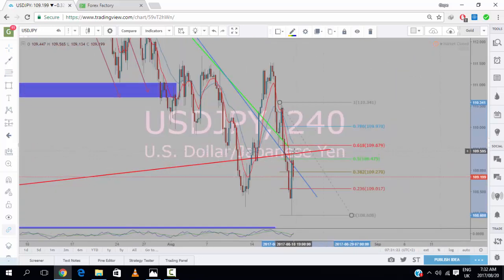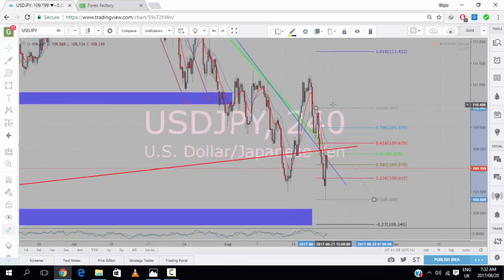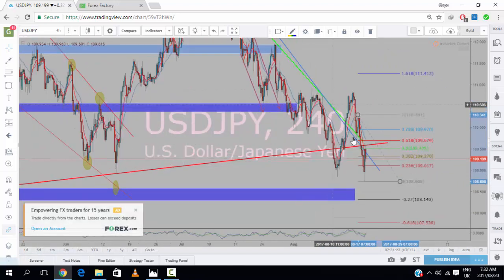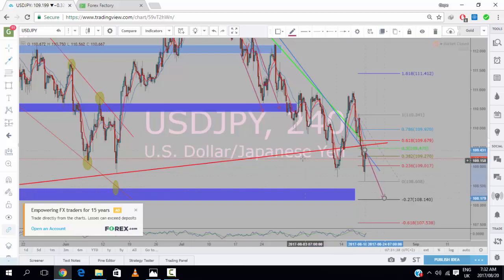Price could include about the 0.5 line, right? So if we don't get a closure above this red line, then maybe a short-term trade or something like that. It could just be from here to 108, right? But if we close above this red trend line, then I'm gonna have a different opinion.